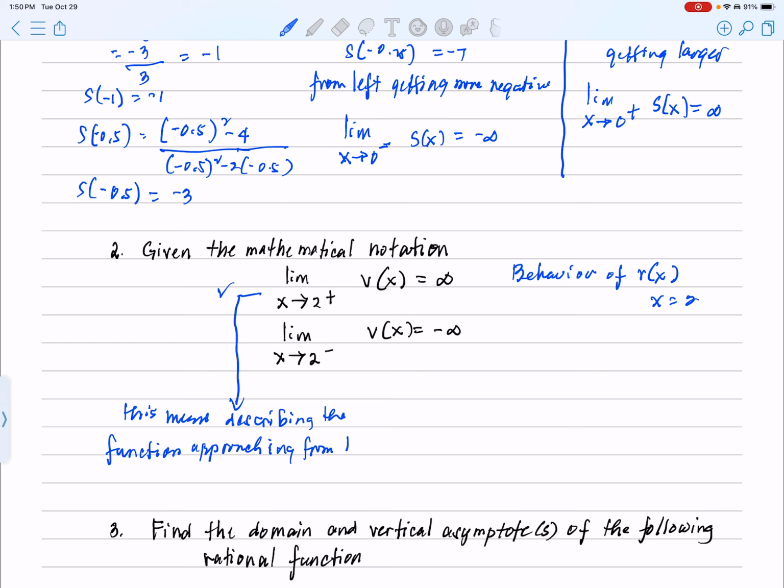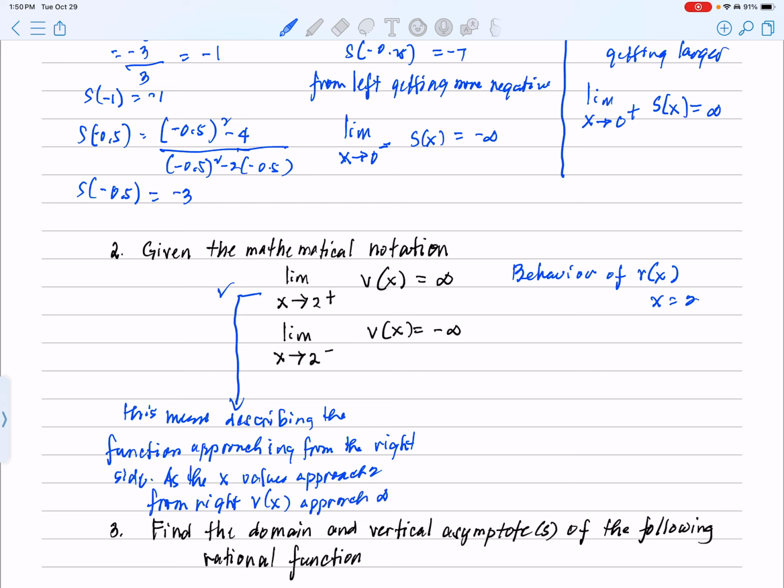As x values approach 2 from the right, what does the v of x approach? Positive infinity.